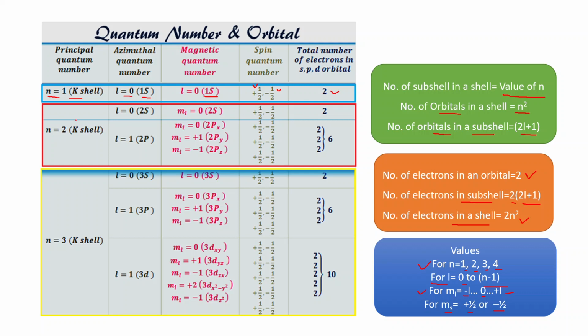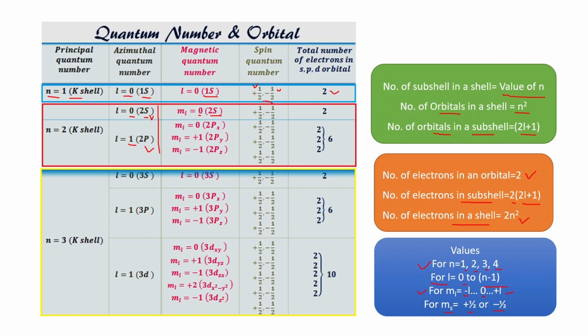Okay. Now in the case of the second shell, there are two subshells, 2s and 2p. The value of l for s is 0, and for p it is 1. The 2s subshell has only one orbital, that is 2s, and its ml value is 0.